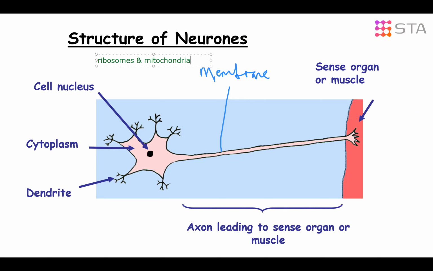And some students are thinking, well, I don't know how to label it. My teacher never taught me this. And they are after labels like nucleus, cytoplasm, membrane, because it's easy to forget that a neuron is a specialized type of an animal cell.